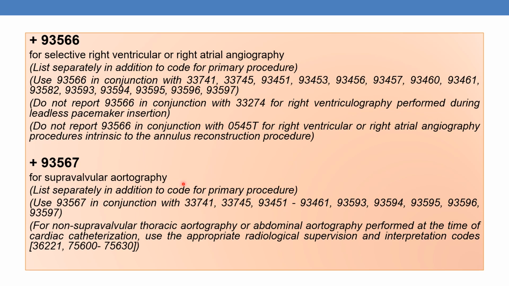These procedures are not included in the catheterization and they must be coded whenever they are performed. Again, 93566 for selective right ventricular or right atrial angiography and 93567 for supravalvular aortography.